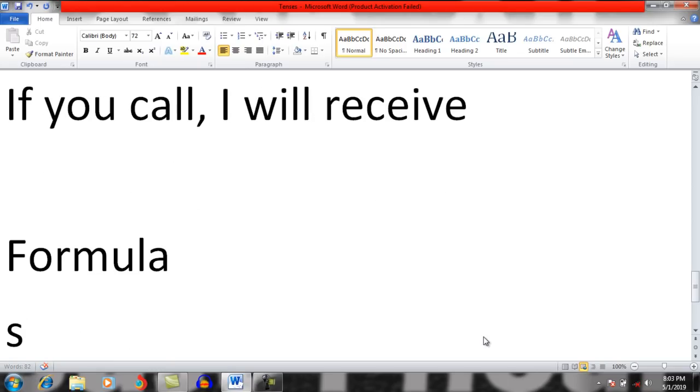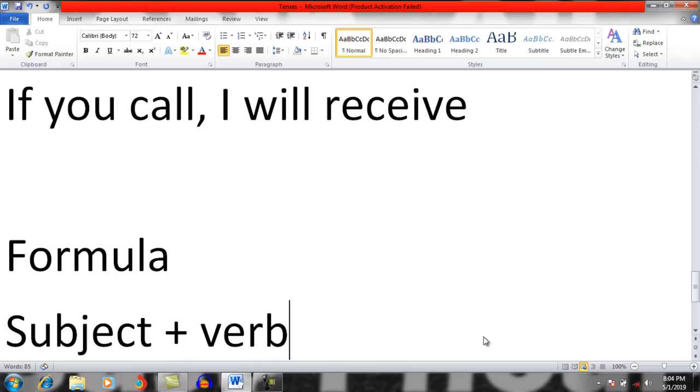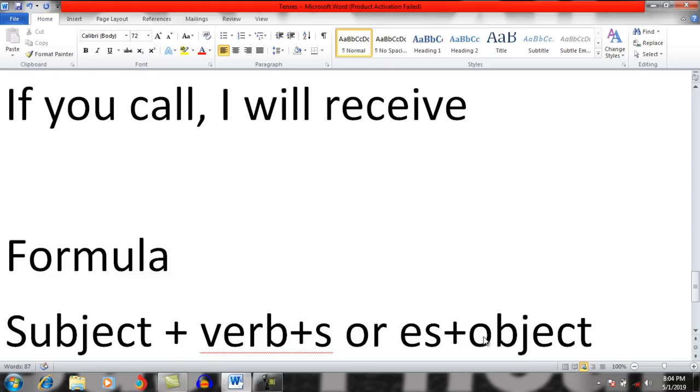In that we'll have to place the subject, then we'll have to add the verb, then we'll have to add s or es with a singular pronoun or third person pronoun. How we'll add, I'll teach you that. Then we'll have to place the object.